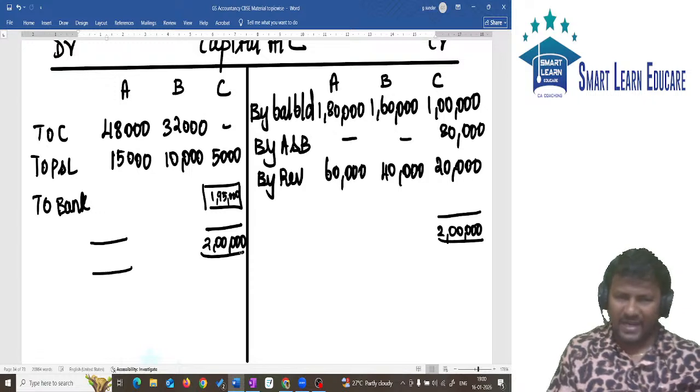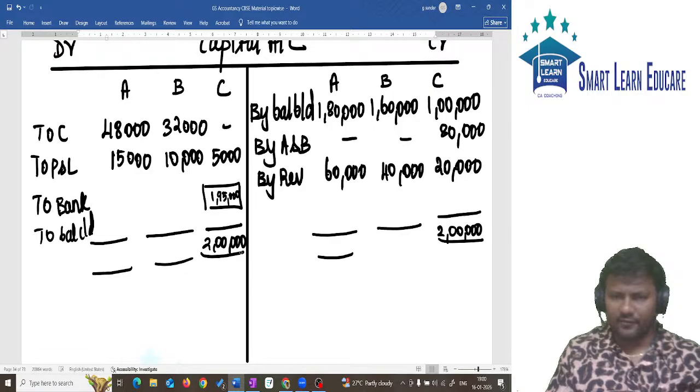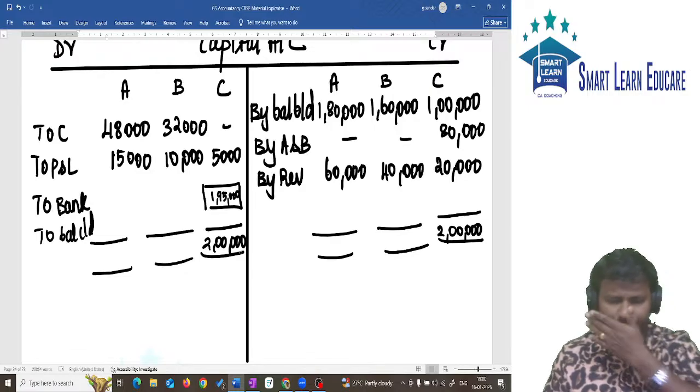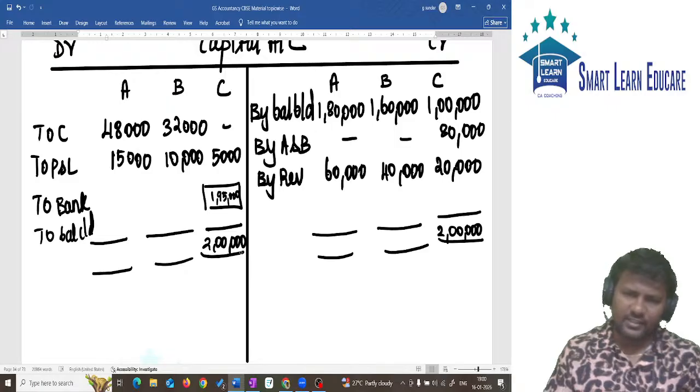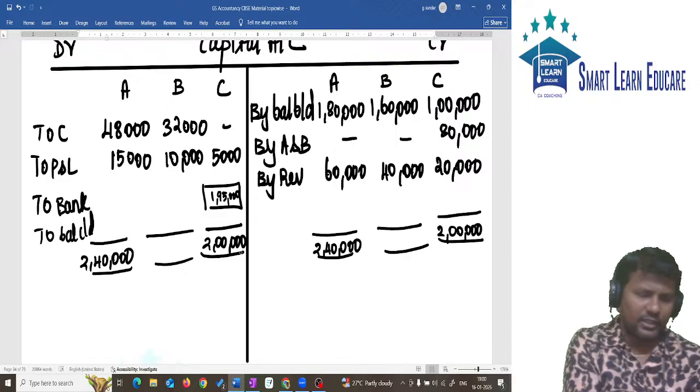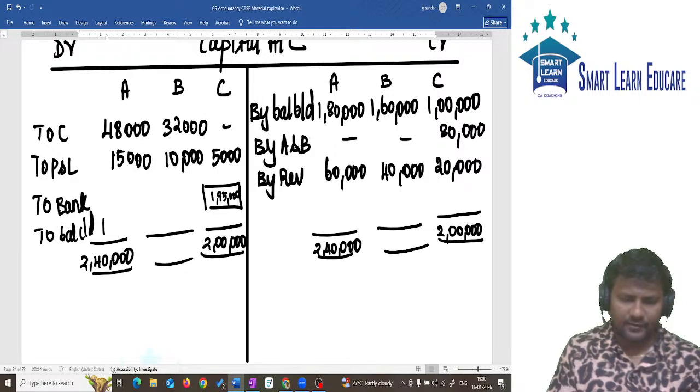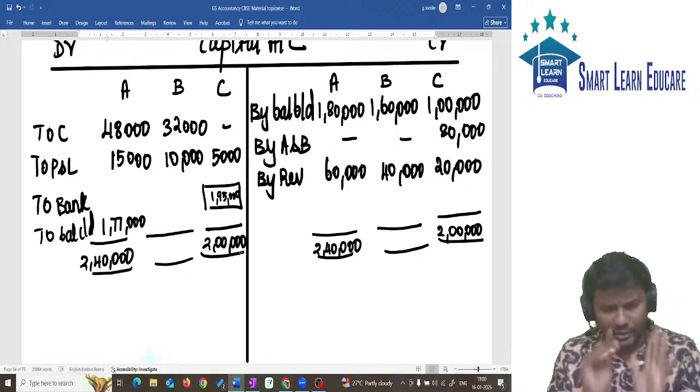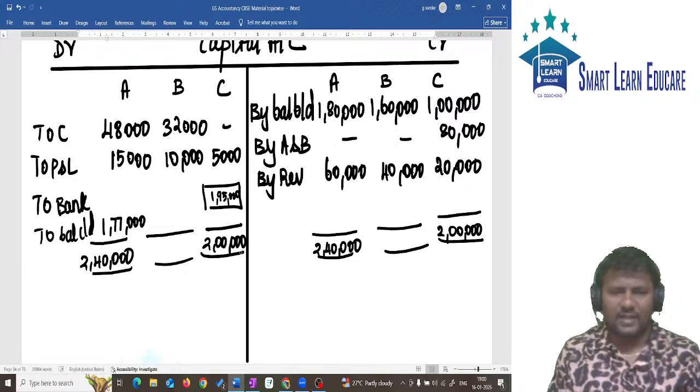Next, find the balancing figure. First find the balancing figure. What is the balance for the other partner? 180 plus 60, 240. 2,40,000 minus 48,000 minus 15,000 gives 1,77,000.